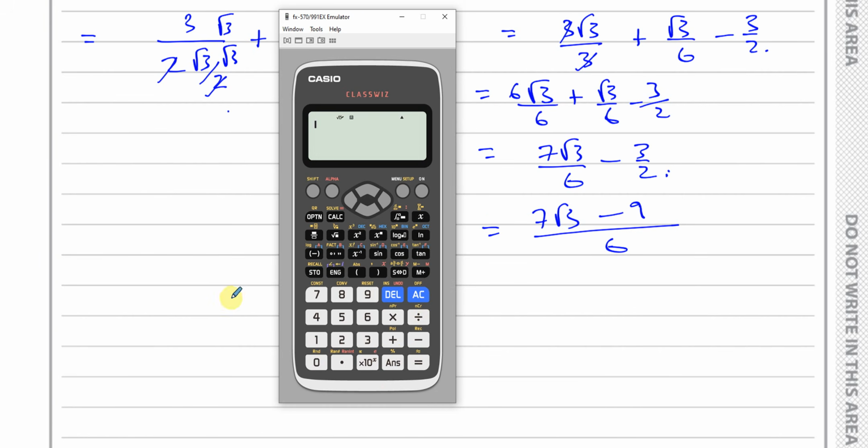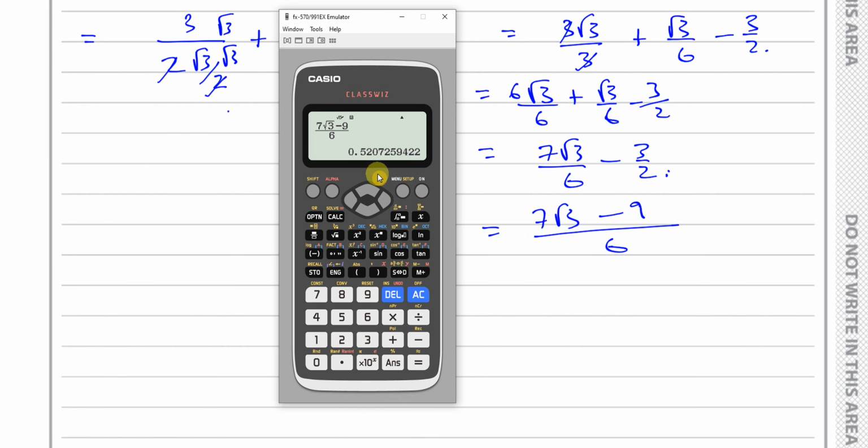So hopefully what we've got here will give us exactly the same value. So let's see, we got 7 times the square root of 3, minus 9, all over 6. And that gives us exactly the same value.